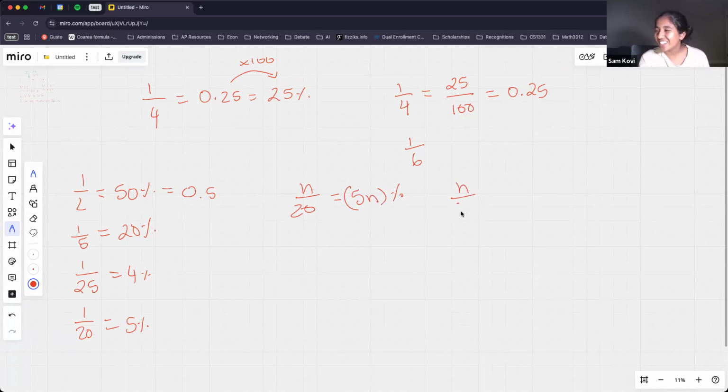Similarly, with n over 25, what do you think the percent is going to be? 4n, good, because 1 over 25 is 4%. So n over 25 is going to be 4 times n%. This shows how you can use nice denominators like 20 or 25 to get nice percentages.